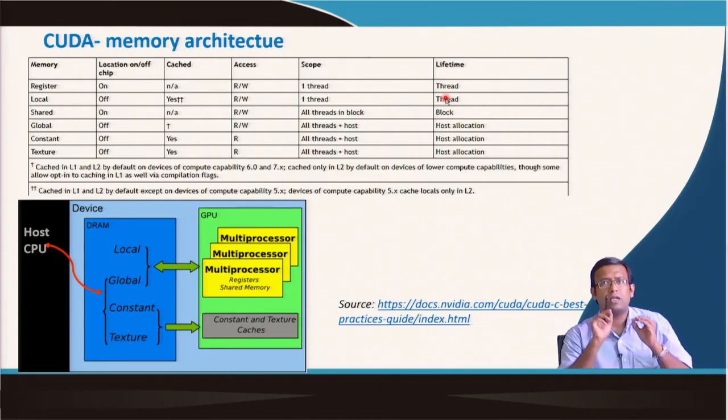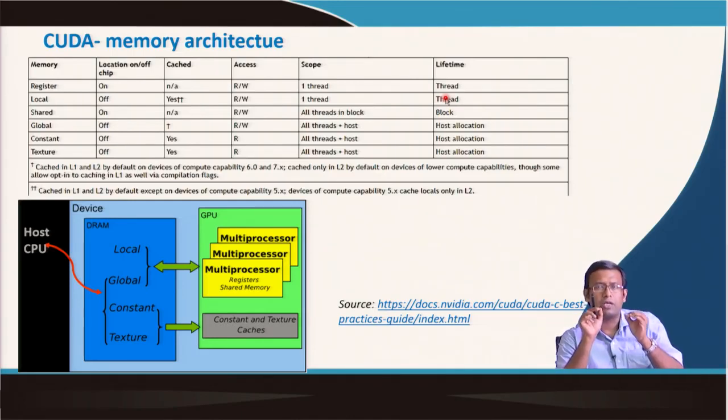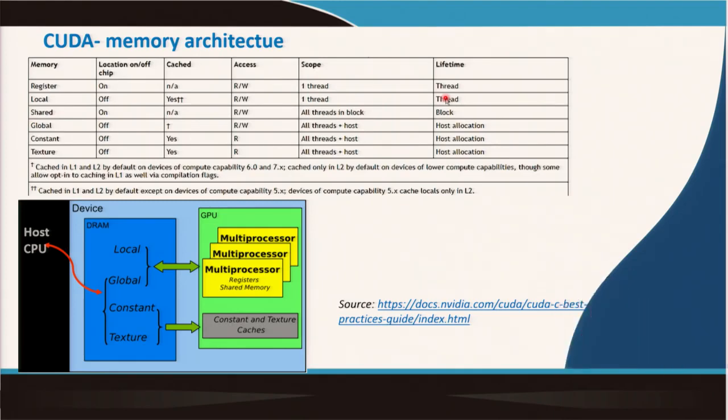What a thread operates on is either the register, the private memory of the thread, or, if it requires more memory, the local memory. This is private memory and is not seen by other threads. This is what we talked about as private memory in OpenMP. Local memory and register memory are the same kind of thing. Registers we know already, they are in CPUs also.